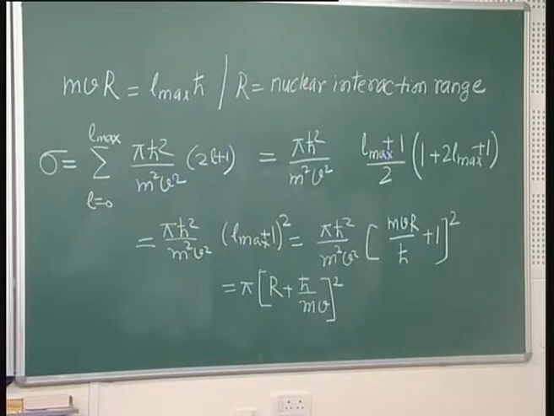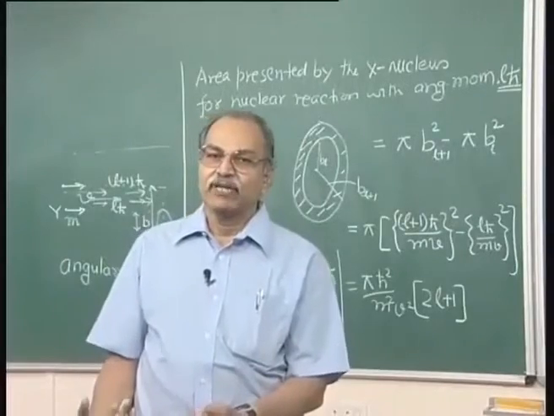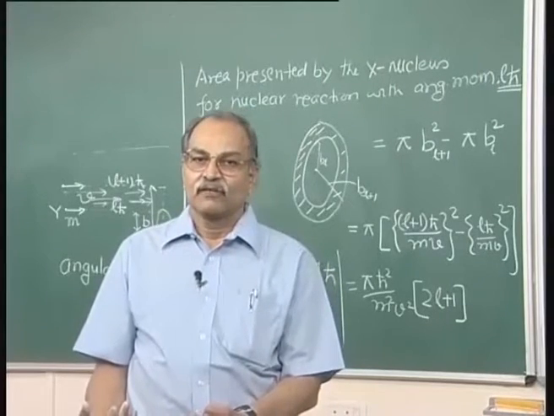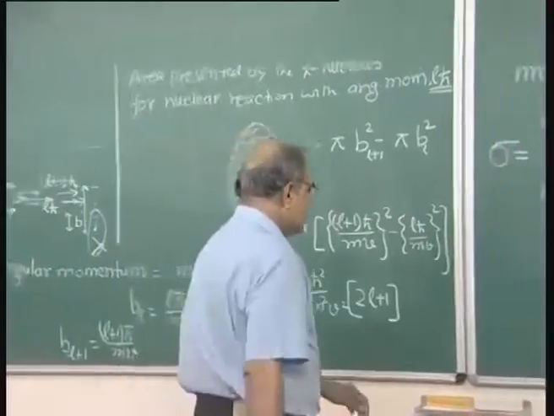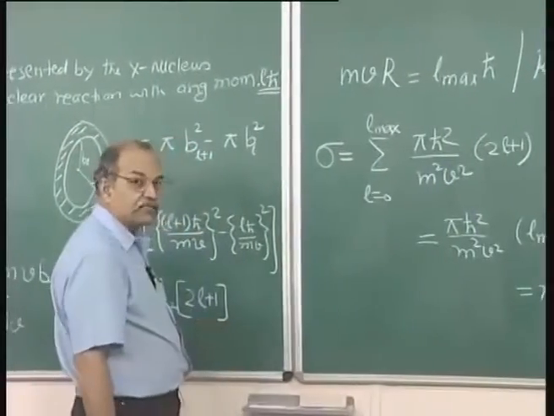Now, estimate the two terms, capital R and h cross by m v, for a typical case where the plasma is going through this thermonuclear fusion.